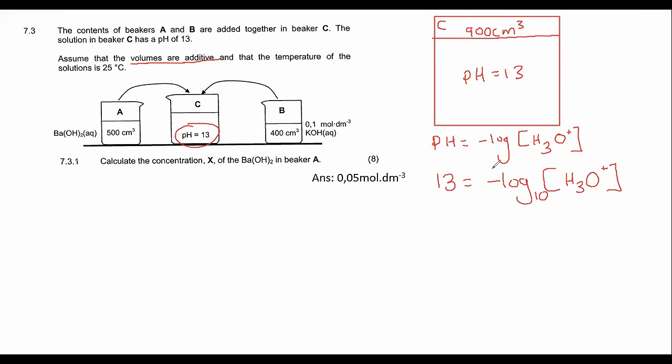So what I need to do now is put the negative over here, so that's negative 13. And then don't panic. All we do now is we say that the concentration of H3O plus is going to be equal to 10 to the power of negative 13. Okay, so that's a good thing. We now know that the concentration of H3O plus is 10 to the minus 13.